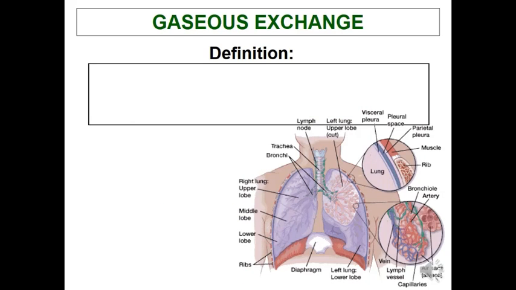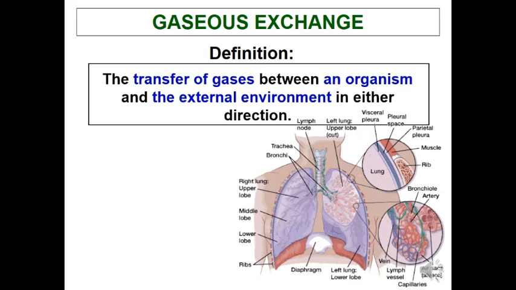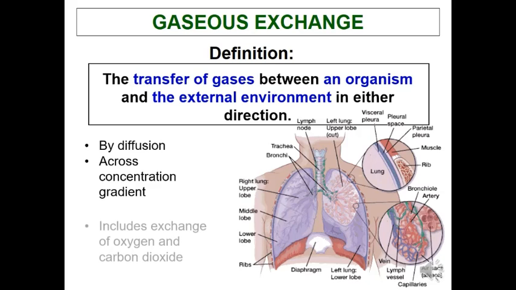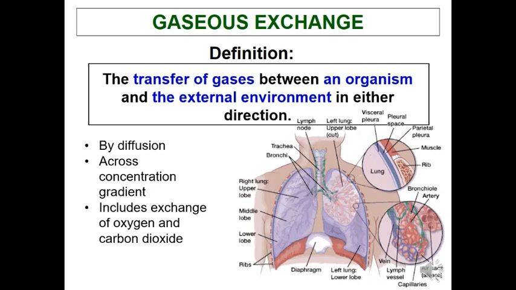Definition of gases exchange. Gases exchange means the transfer of gases between an organism and the external environment in either direction. Gases exchange occurs by the process of diffusion, following the concentration gradient, from high concentration to lower concentration. It includes the exchange of oxygen and carbon dioxide.